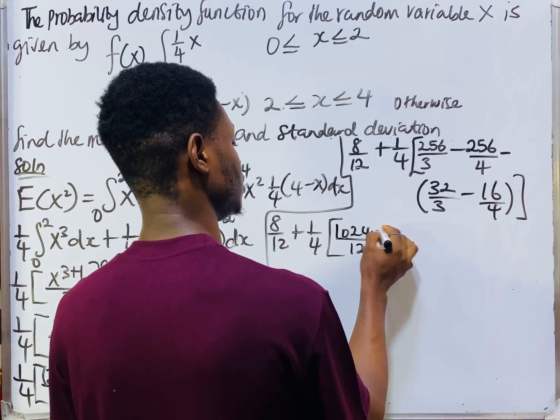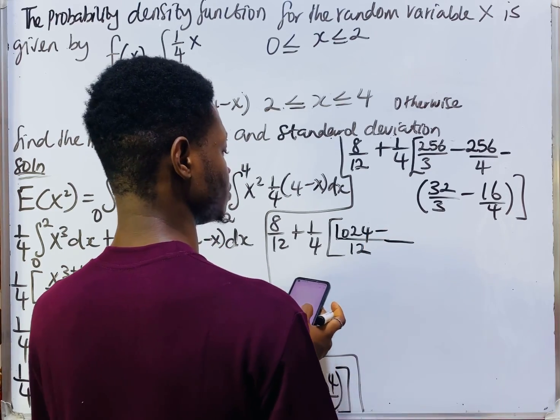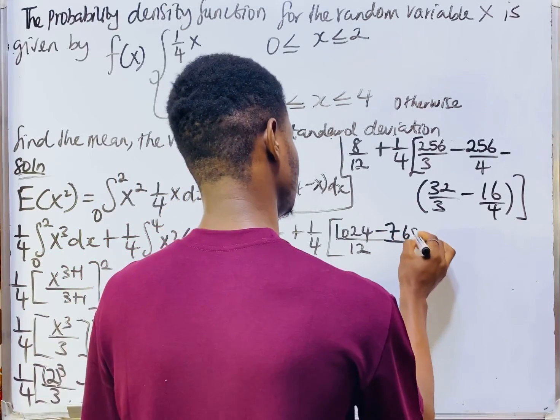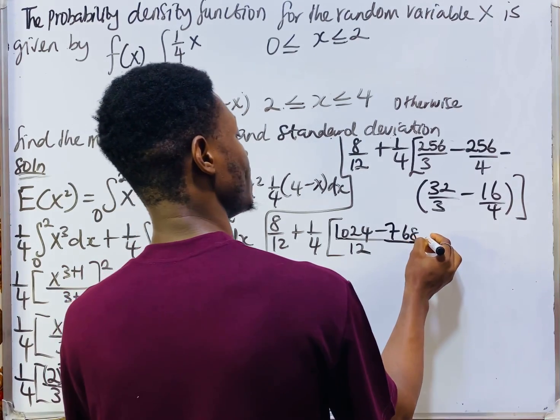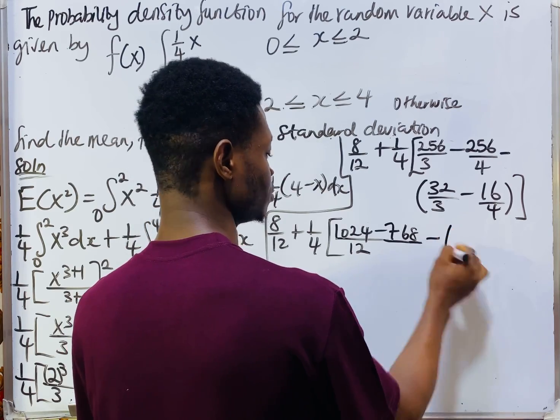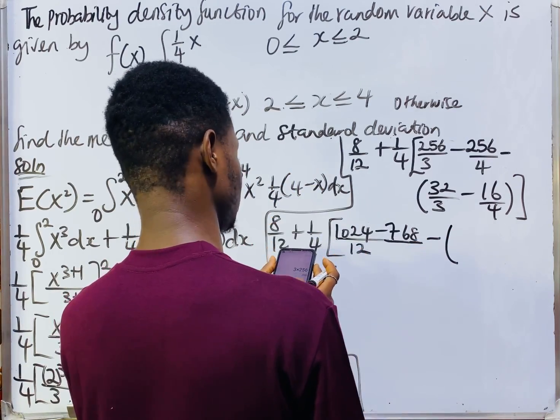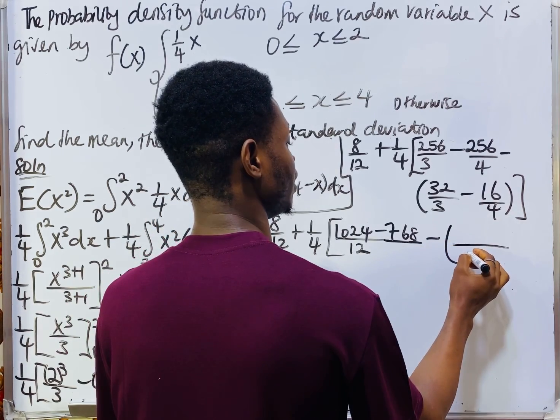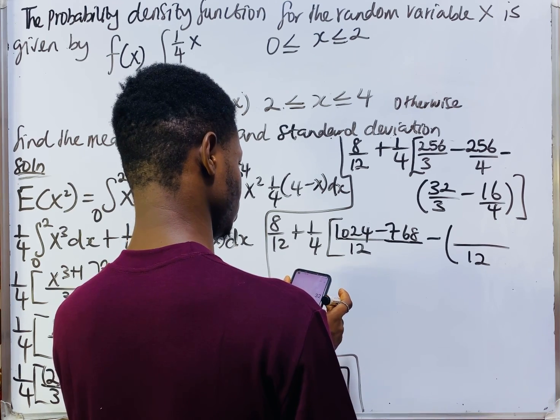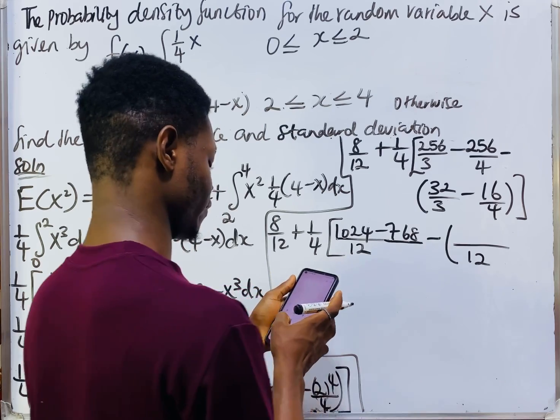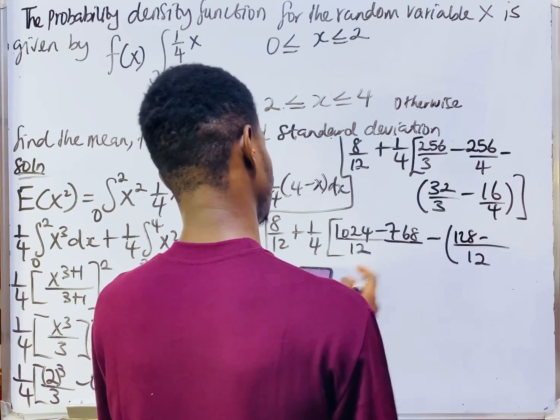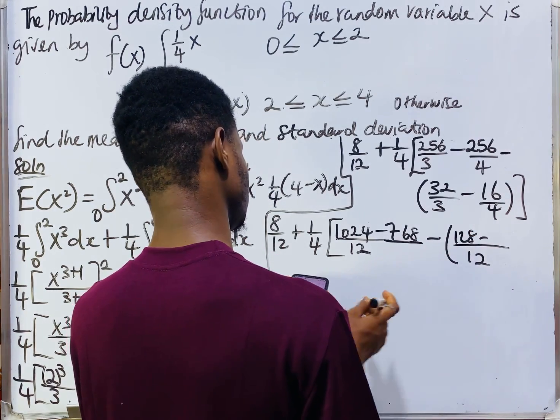Then minus 12 divided by 3 times 2 to the power of 4 is 768, right? Then minus, okay, let's put it in our bracket. The LCM is still 12, right? We have 4 times 32, which is 128, right? 3 times 16, which is 48.